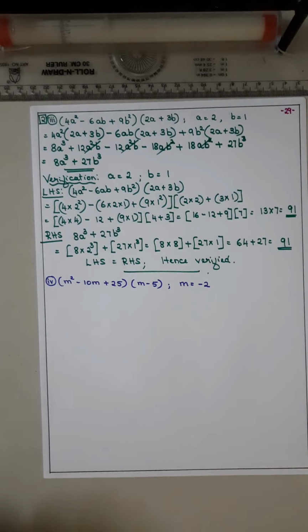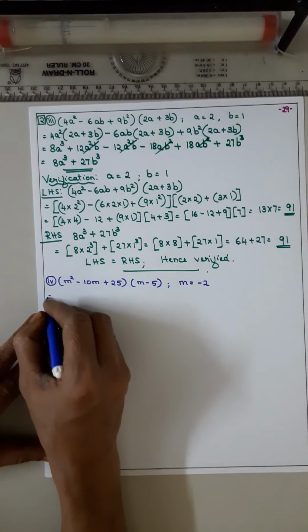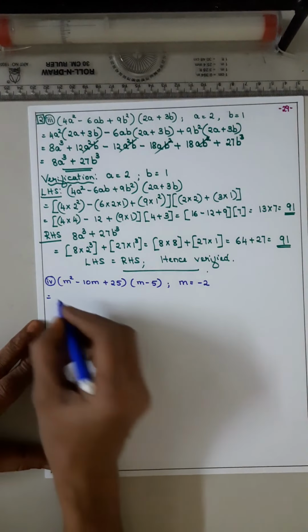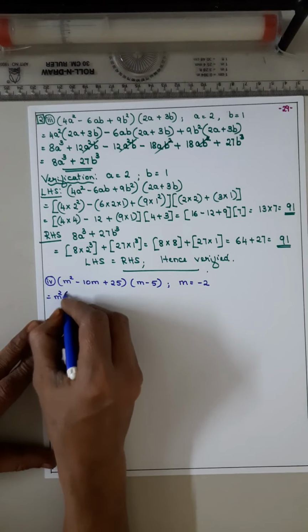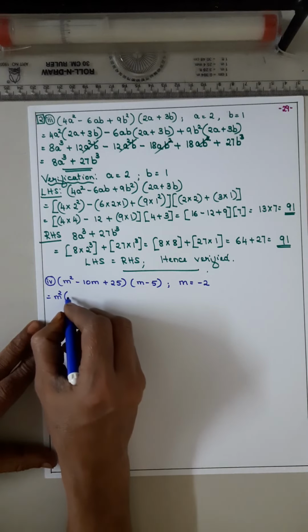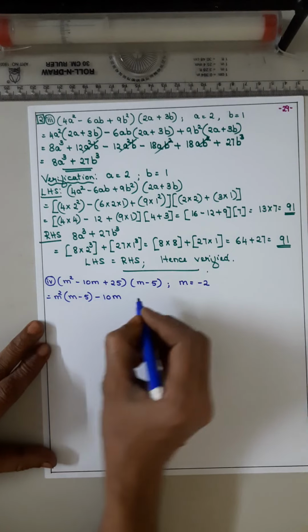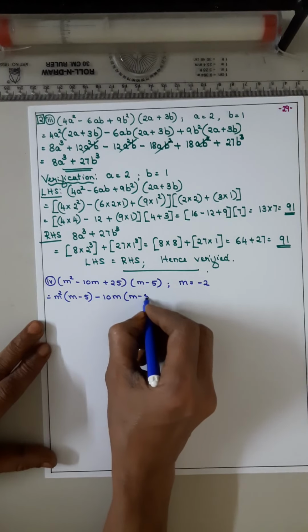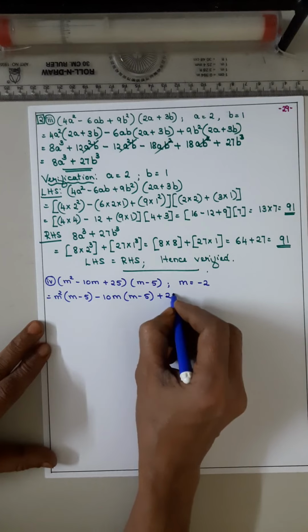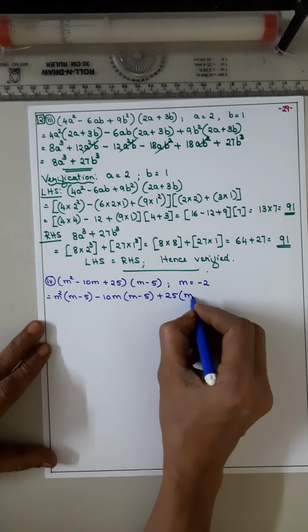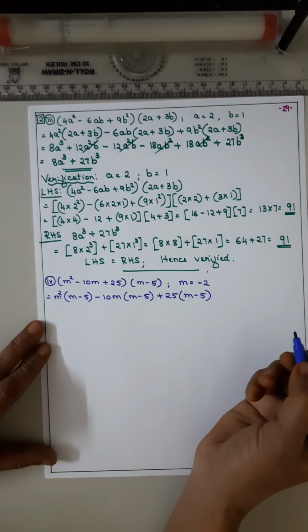Now coming to the fourth sum, it is m squared. Okay, write the question: m squared bracket open m minus 5, minus 10m bracket open m minus 5, plus 25 bracket open m minus 5.